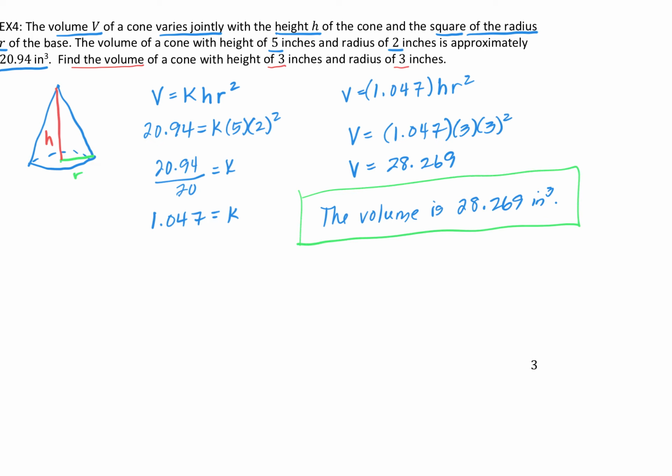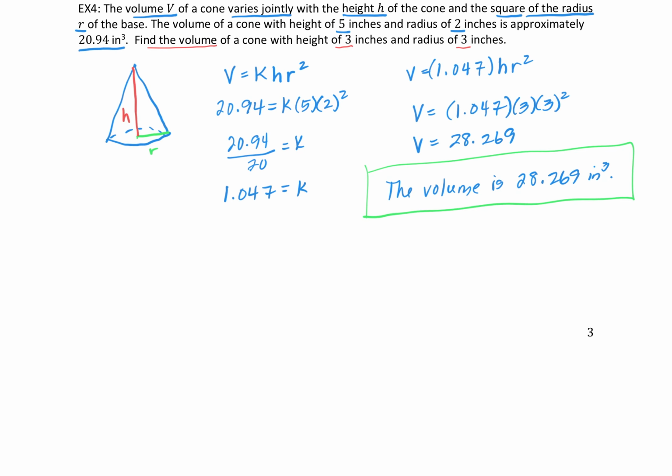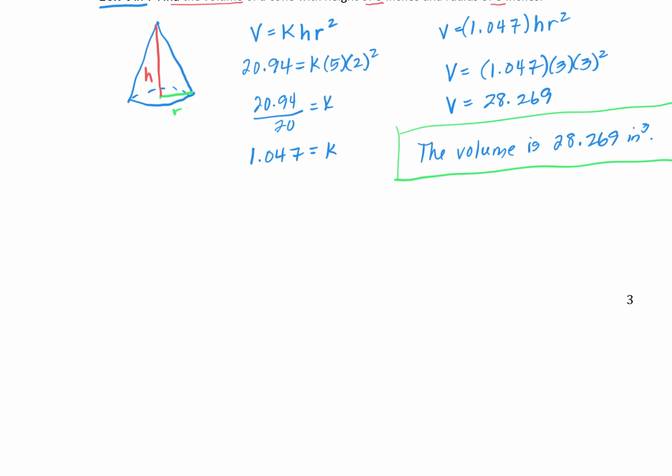Before we look at our last problem, I would like to go back to the volume of a cone. If you recall from geometry, the volume of a cone has a formula. It's 1/3 pi h r squared. Now, our formula that we got was volume equal to K h r squared.